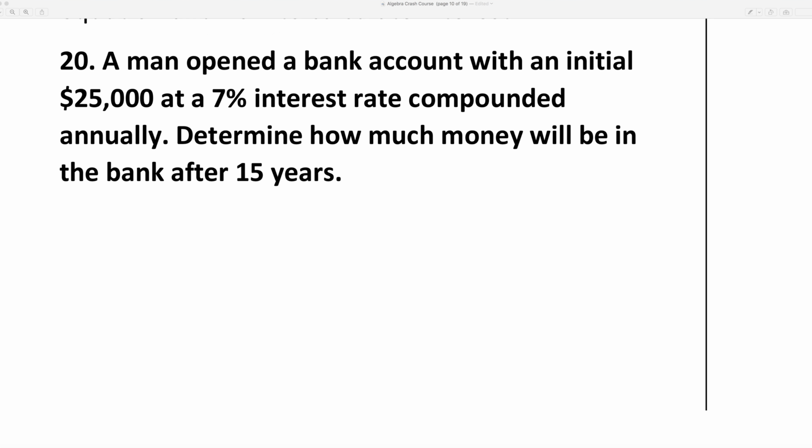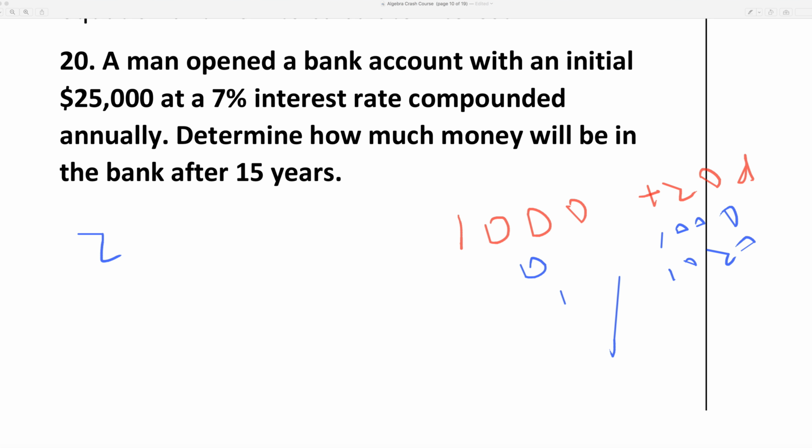Imagine I told you, would you rather I give you $1,000 today and I'll add on another $20 every day, or would you rather I give you $2 and I'll double it each day? Some of you might think, I'll take the 1,000 plus 20. So on day zero, you would have 1,000. On day one, you would have 1,020, and so on.